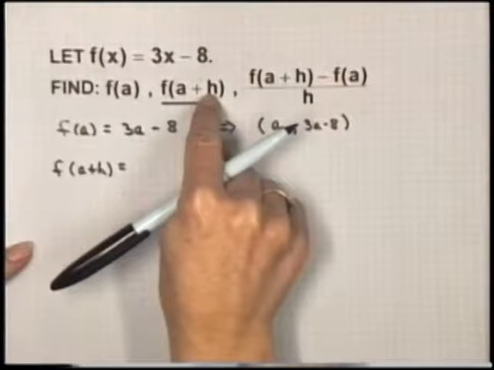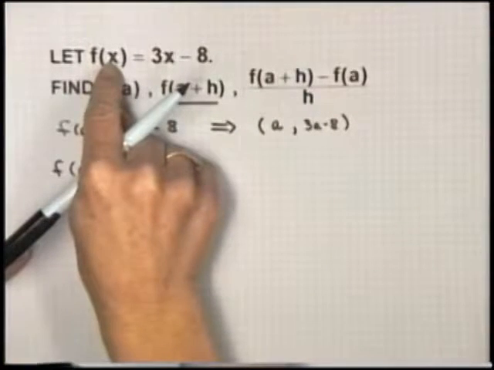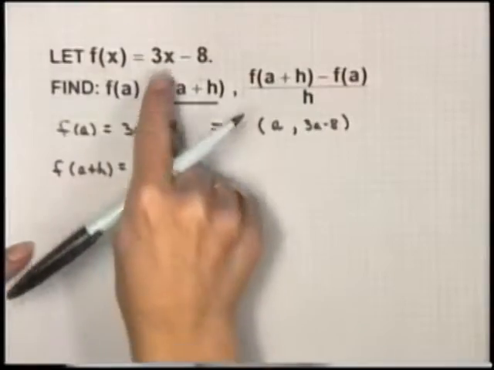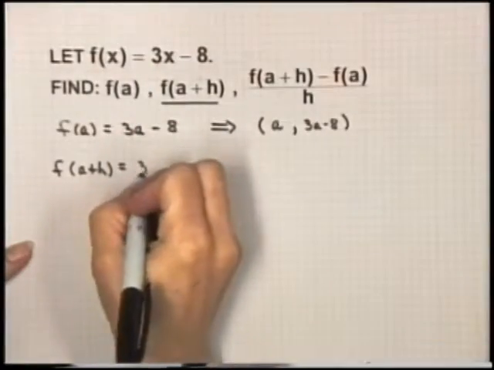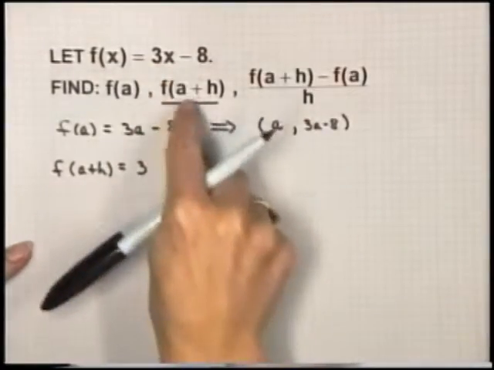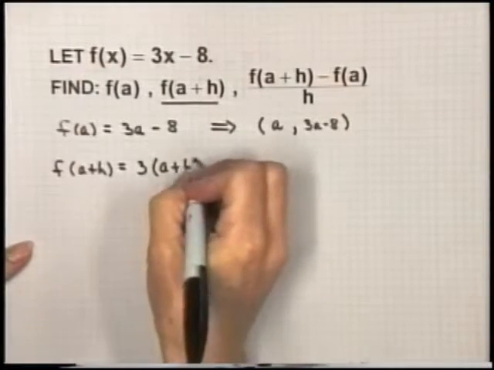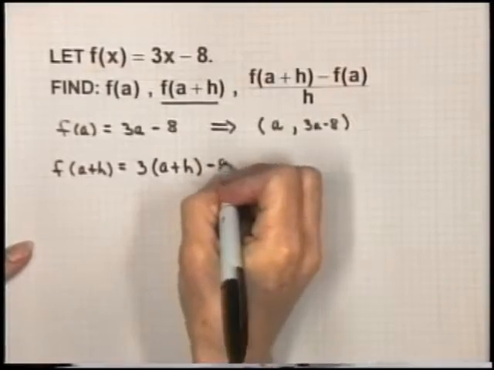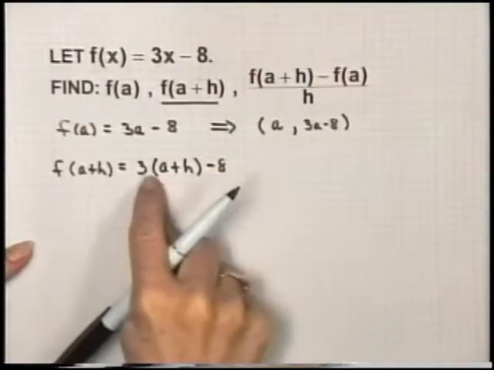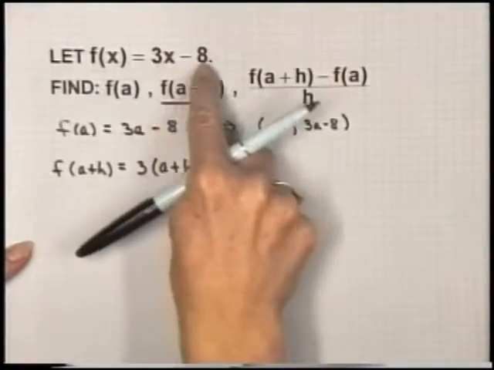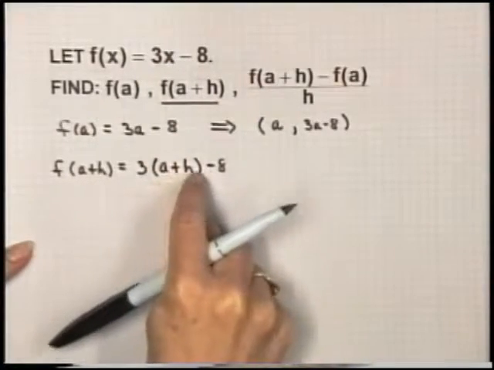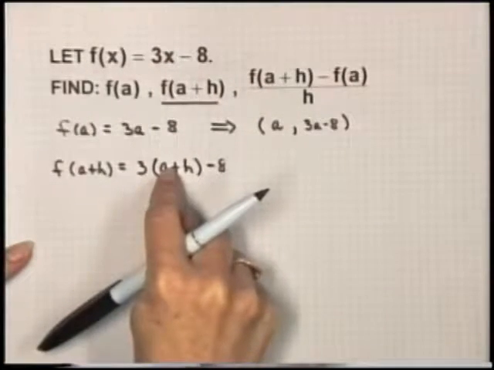So a plus h is replacing x. So when we go to this equation, 3 times x, in place of x, we're going to put a plus h. I will need a parenthesis to indicate that multiplication. Then don't forget to bring down the subtract 8. Notice this looks just like this, except the x has been changed to an a plus h.